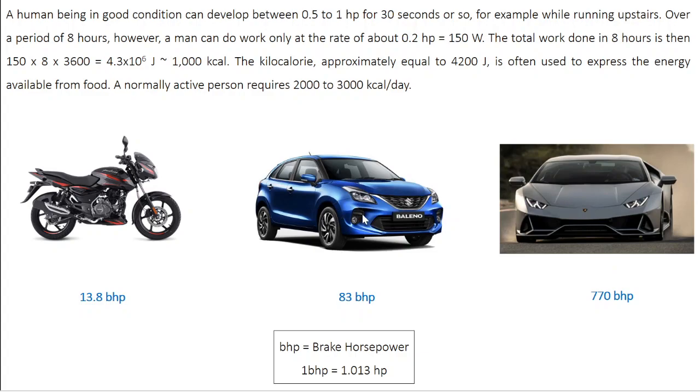So if you look at the tables, you will see that Lamborghini can reach maybe like 350 km per hour, whereas Baleno can reach maybe up to 150 km per hour. So this is because of the difference in power generated by the two engines here.